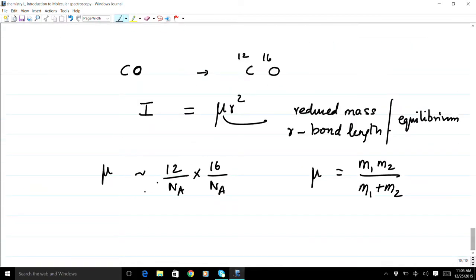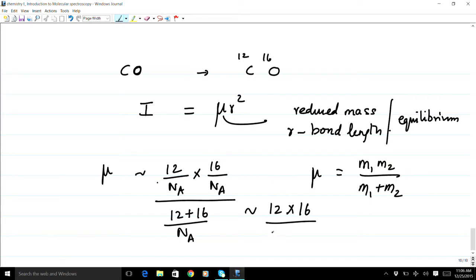So, in this case mu is given by 12 plus 16 by Na. So, you are looking at roughly 12 into 16 divided by 28 Avogadro number.